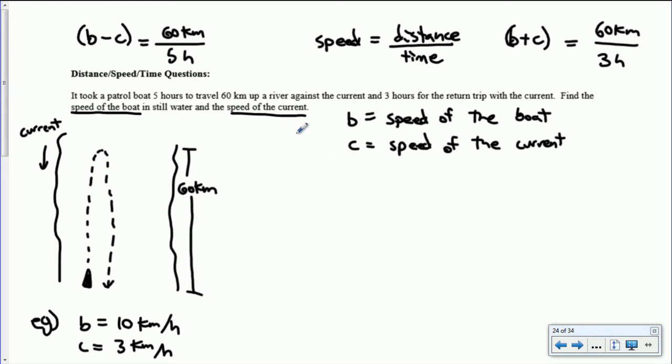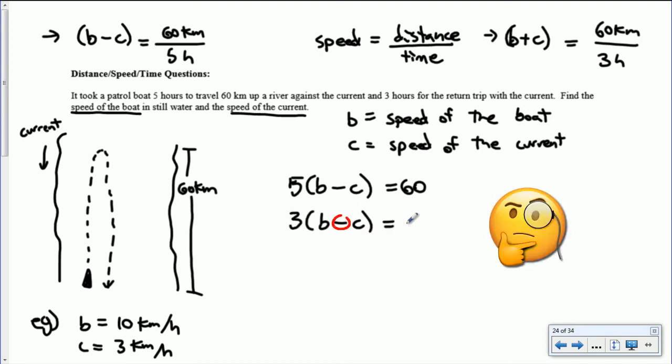So this is basically our system of equations. We have this, and we have this, and that's all we do. So maybe we'll just get rid of the denominator here. So we have 5 times b minus c equals 60. That's our first equation. And we have 3 times b plus c equals 60 as well.